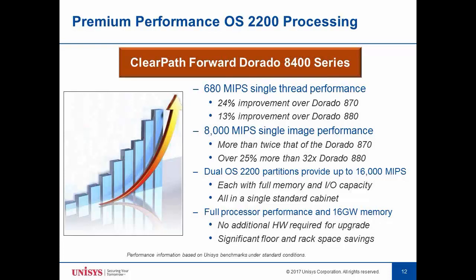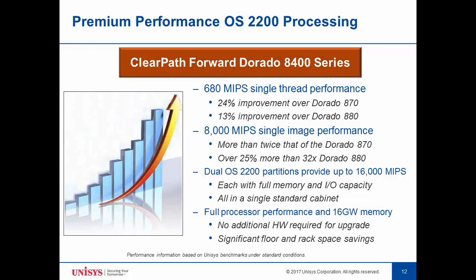So there's a significant savings then for floor space, for cooling, for power. This new capability is an amazing amount of performance within a single cabinet. Now, further add that this is all part of the standard infrastructure from the initial shipment of the hardware.